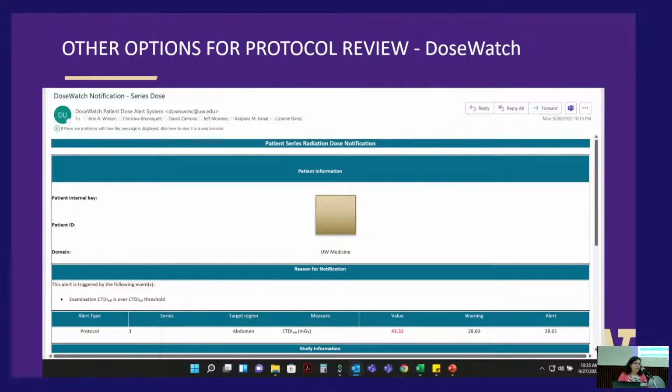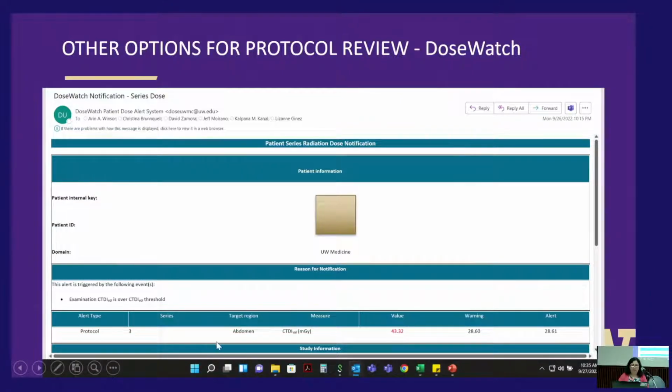Another thing that we do throughout the year, so I mentioned the formal protocol review, which is with the radiologists and technologists. But as a physicist, I have my dose monitoring system, and I'm sure this is for GE DoseWatch, and I have hidden here the patient information, but I get an email. I get maybe 50 emails in a day from DoseWatch on anything that might be a slightly higher dose than the regular alerts.